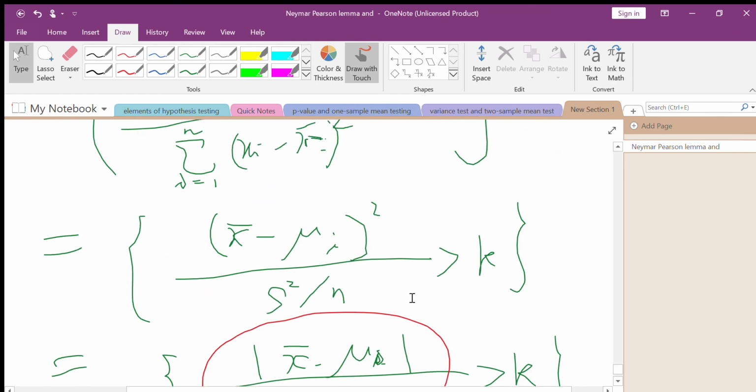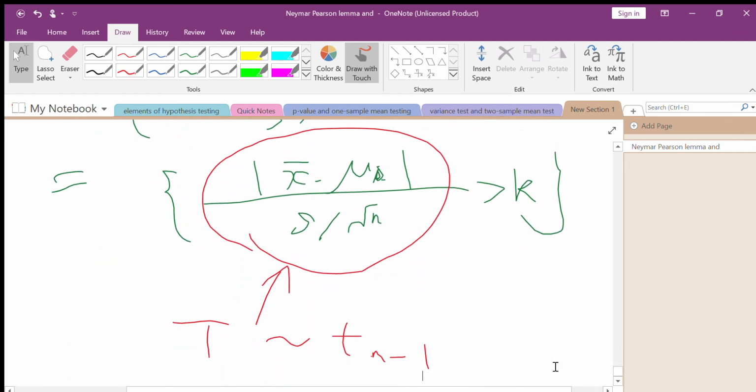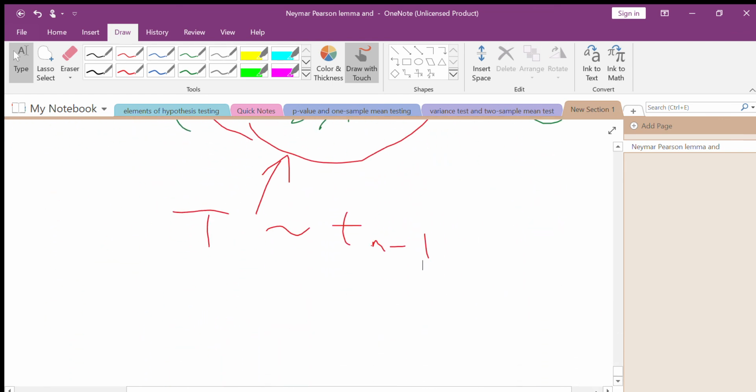So here we have got our destination. That is the first step.